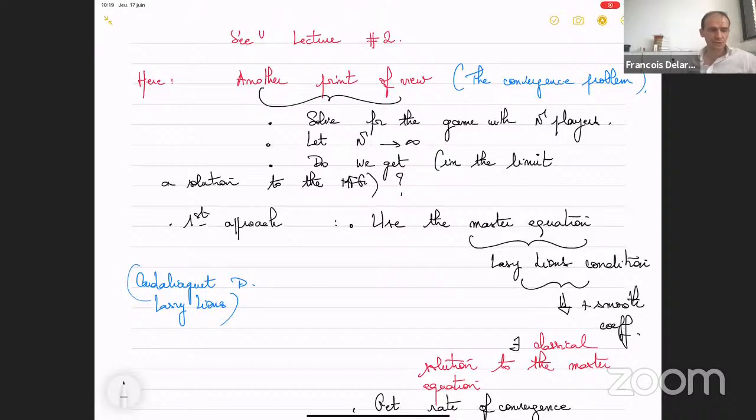And what I'm going to show you is that this Nash system, which is somehow the analog of the HJB equation, but for a game with finitely many players, becomes in the limit the master equation. This is really nice, and you really see how the master equation appears when you start from the game with finitely many agents.